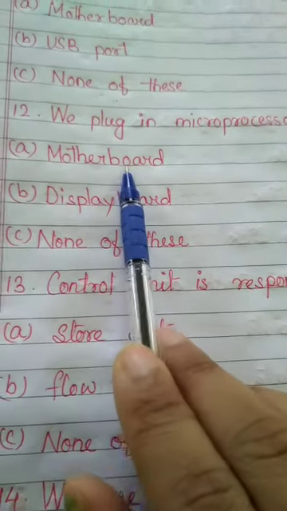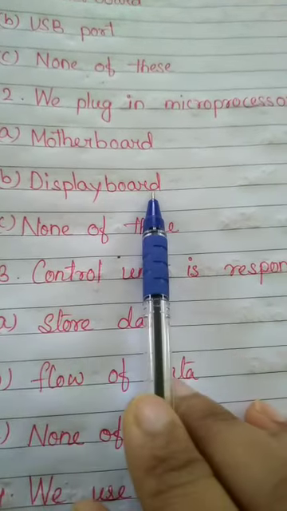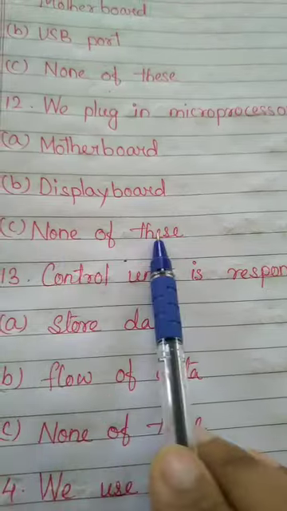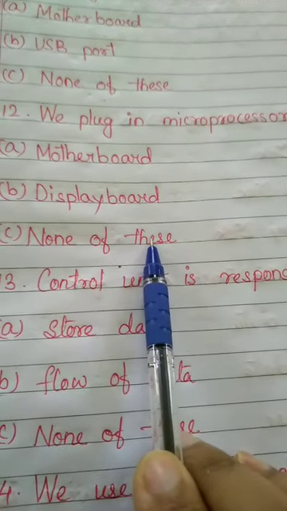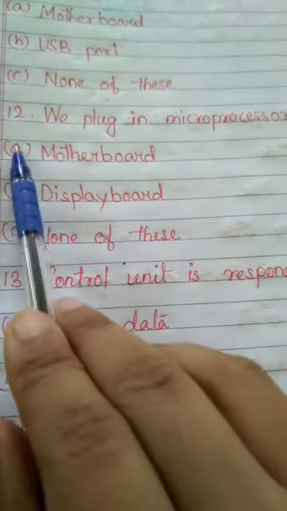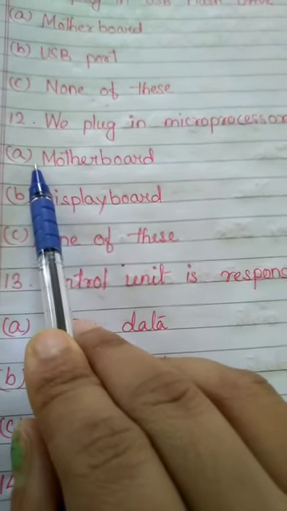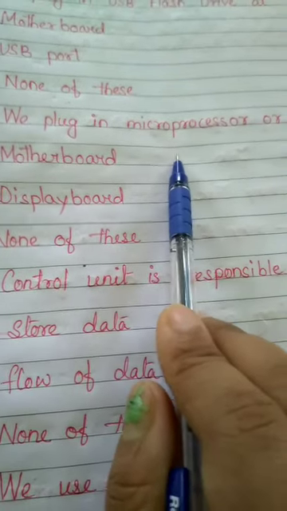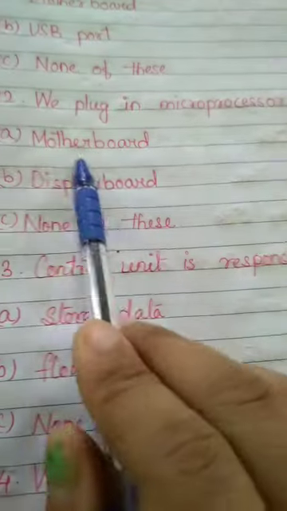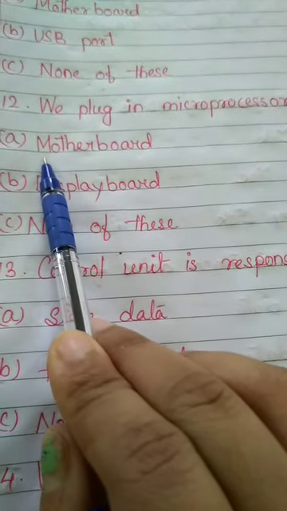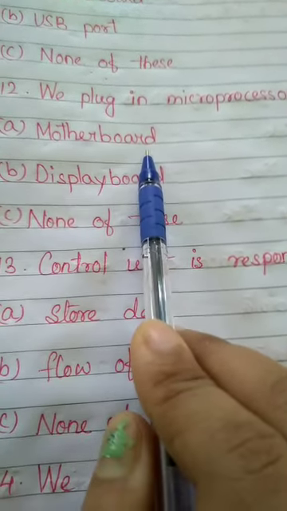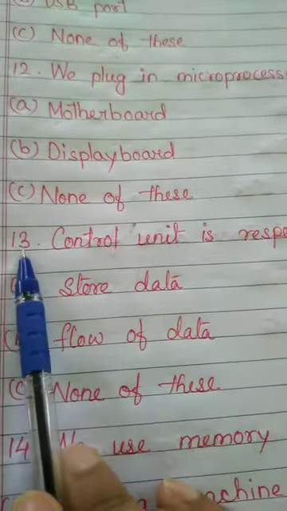Option A motherboard, option B display board, option C none of these. Correct option is motherboard. Option A is correct. We plug in microprocessor or CPU chip where? In the motherboard. Moving to the next question.